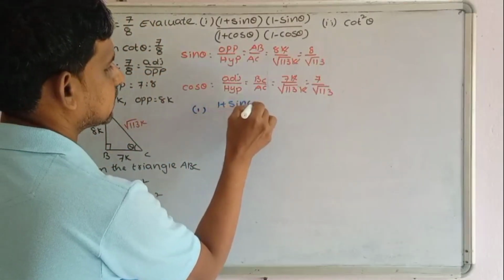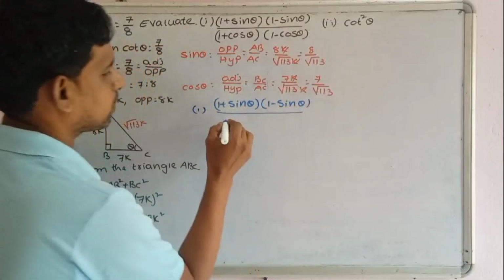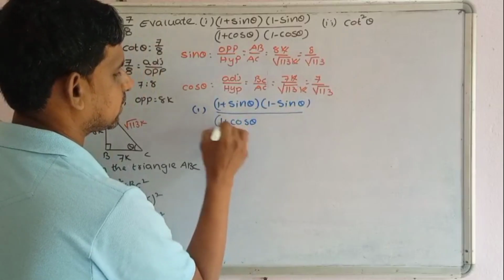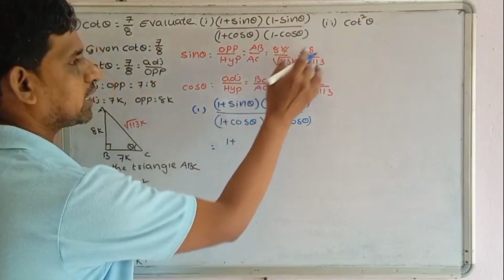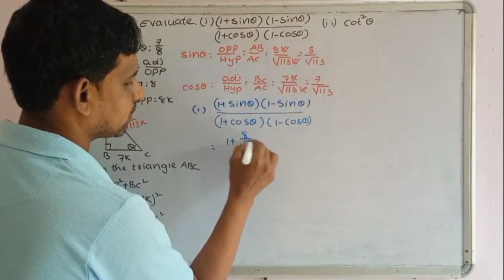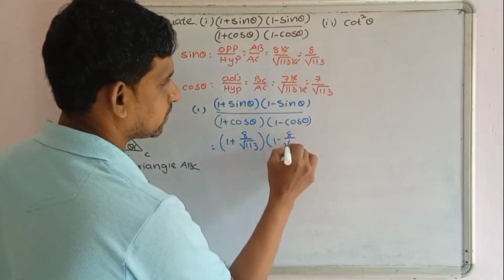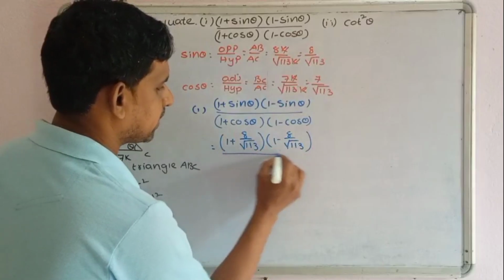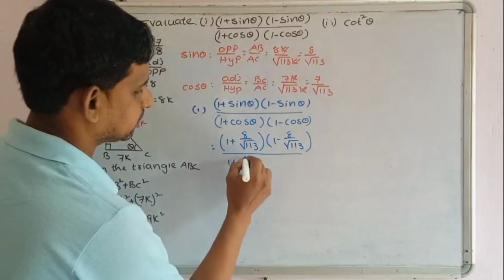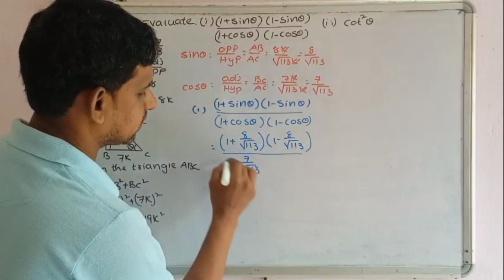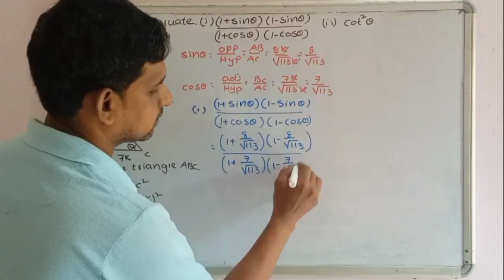That equals, 1 plus sin theta, value how much? 8 by square root of 113. 1 minus sin theta, 8 by square root of 113, by, see, 1 plus cos theta, value how much? 7 by square root of 113, into 1 minus cos theta, 7 by square root of 113.